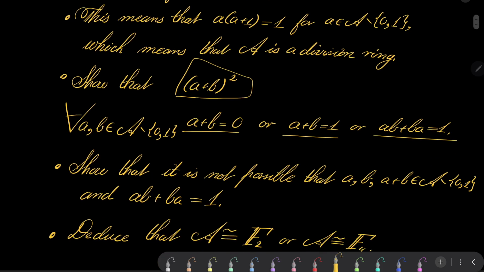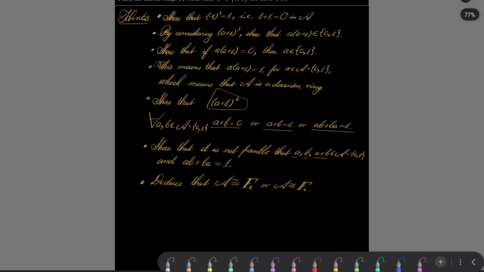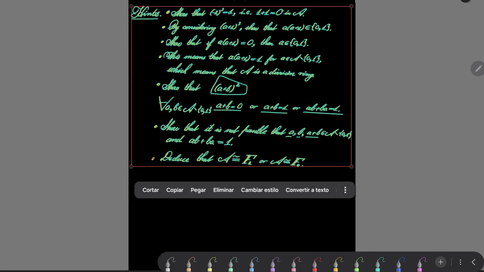And show that the last possibility is in fact not possible. So if a, b, and a plus b are not 0 and not 1, then ab plus ba cannot equal 1. It's impossible. And deduce that we have only two possibilities: either our ring is isomorphic to field F2 or to field F4. So give this problem a try, and I will see you in just a minute.